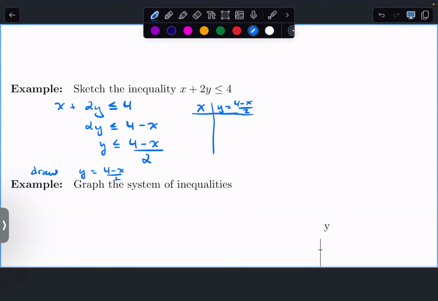To draw lines, usually I set up a quick little table like this. Often I let x be 0 and I solve for y. If x is 0, 4 minus 0 divided by 2, I'm going to get 2.